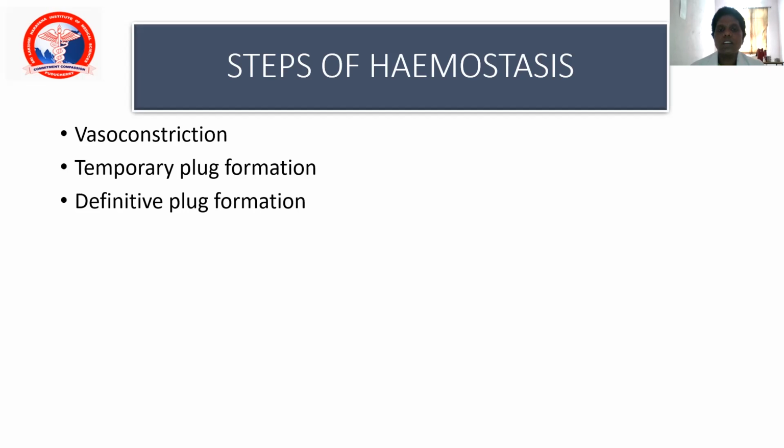Yes. So what is the other hemostatic mechanism that is going to help us to prevent the bleeding? That is your temporary plug formation. So temporary plug formation is our next topic of discussion.